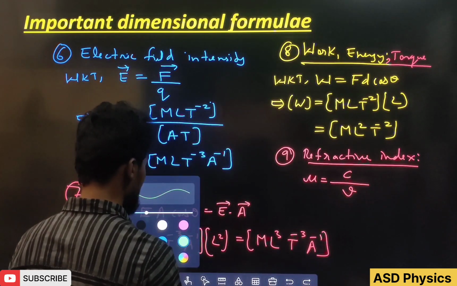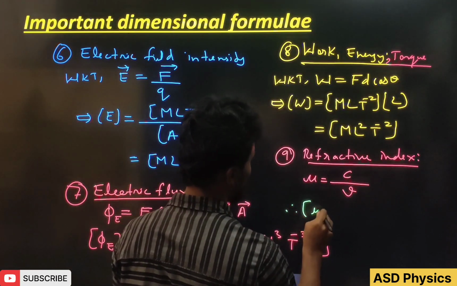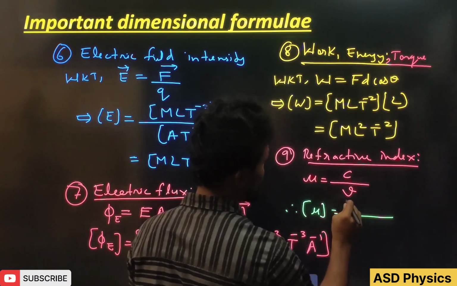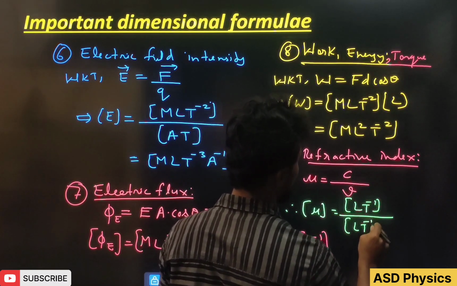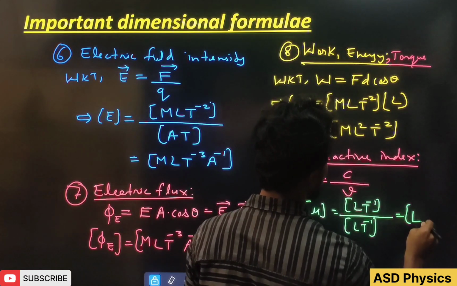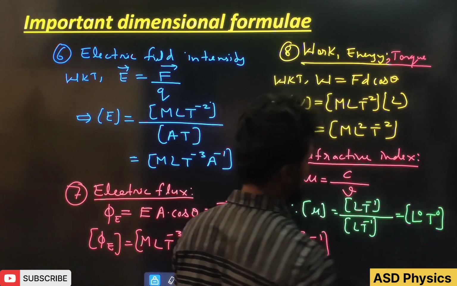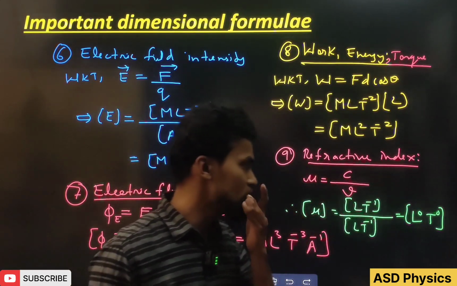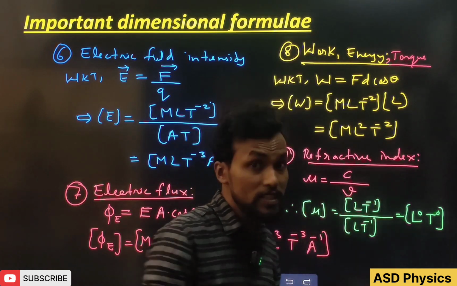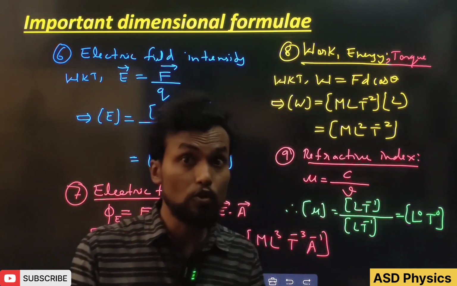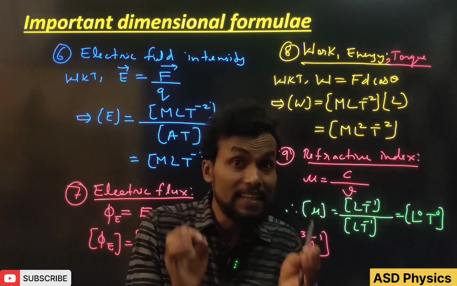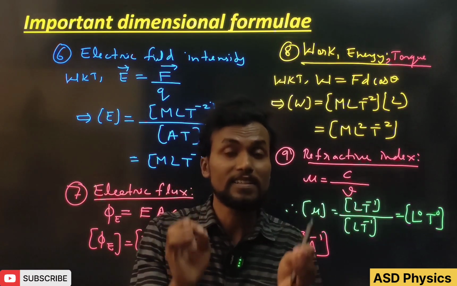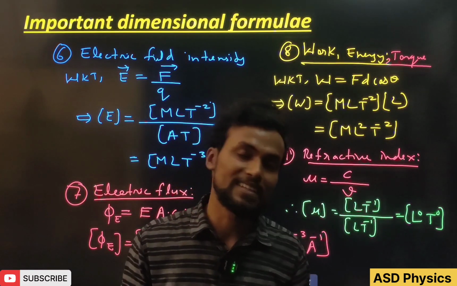So here LT^-1 and here also LT^-1, so it becomes L^0 T^0. The refractive index has no unit and no dimensional formula. Plane angle and solid angle also have no dimensional formula, but they have the units radian and steradian. That's why they regularly ask this in NEET and JEE exams.